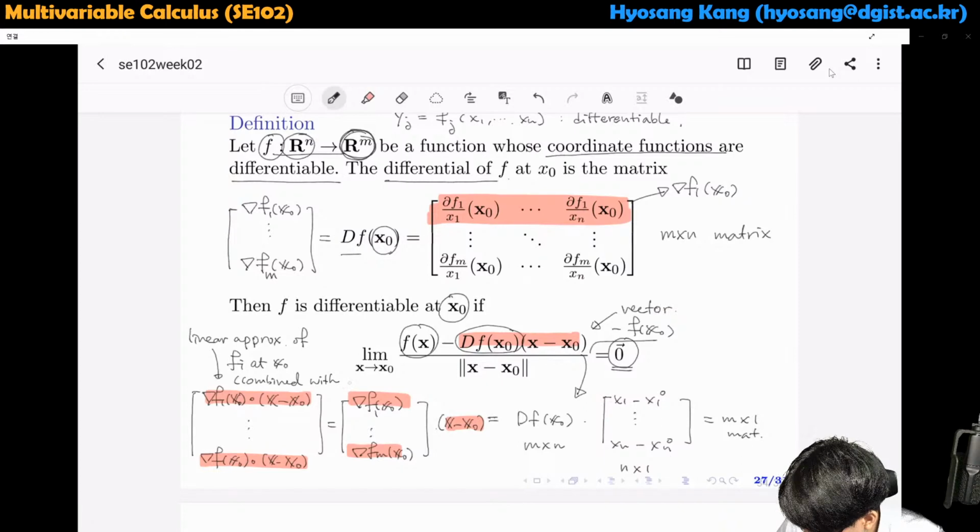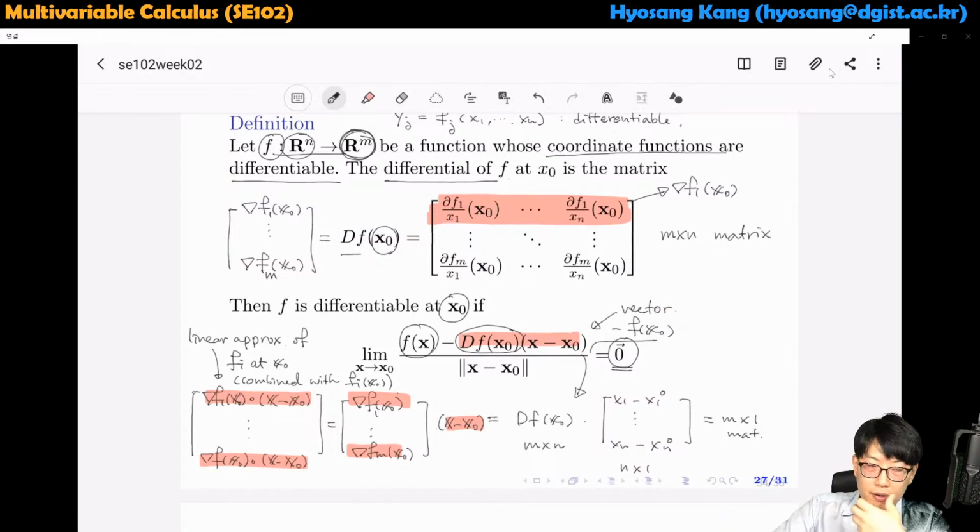So you simply take the n values of the functions and linearly approximate the function fj at the point x0, and if the ratio of everything goes to 0, then everything's fine. So you have a differentiable function.